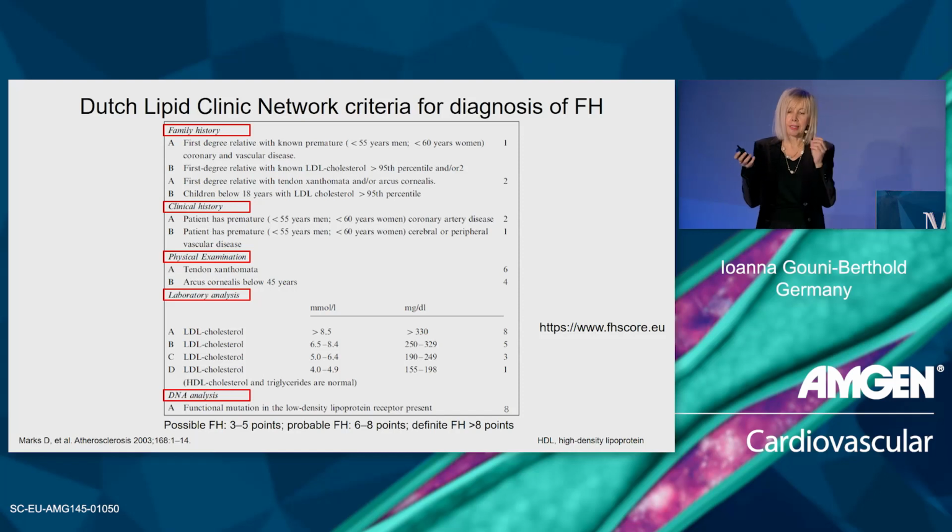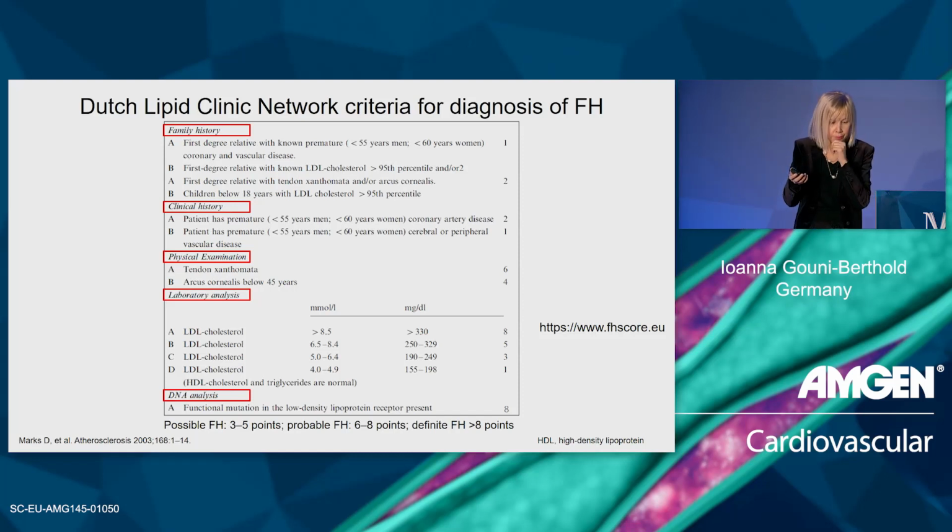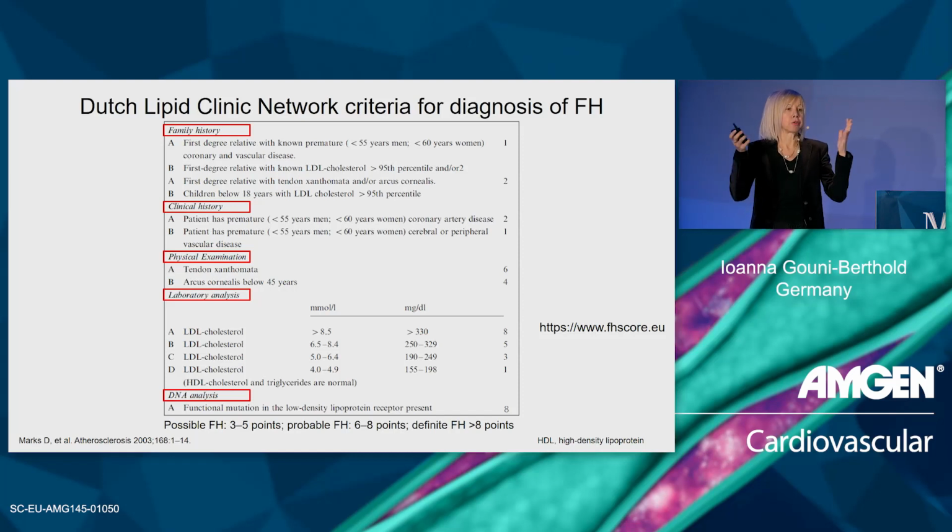And the things that I ask my patients to figure out if they have it or not can be family history of cardiovascular disease or high cholesterol, clinical history, premature cardiovascular disease, physical examination, the famous xanthomas, or arcus cornealis, I'll show you a picture, and the labs, i.e., again, cholesterol.